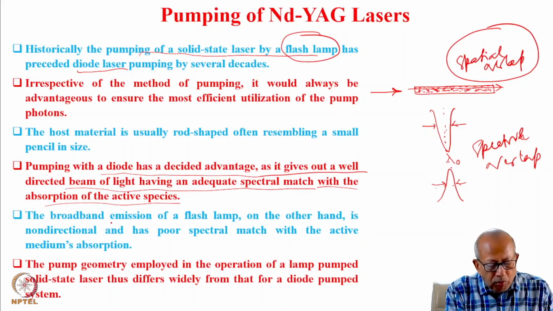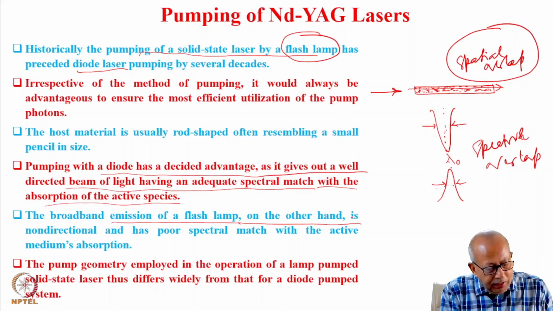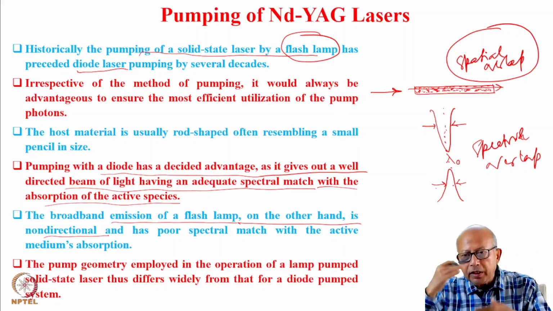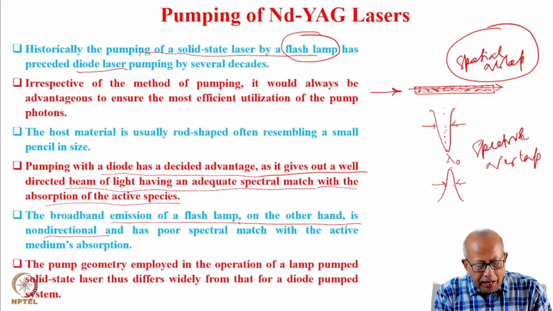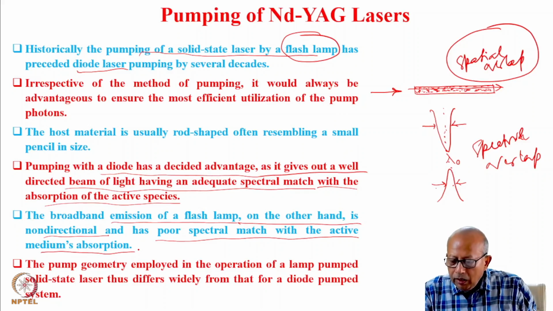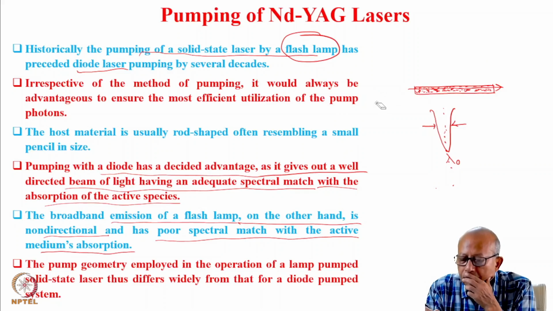In contrast, the broadband emission of a flash lamp is non-directional. It emits light in all possible directions around the flash lamp and also has poor spectral match with the active medium's absorption. Now consider the case of a flash lamp. Of course, you cannot put the flash lamp here.